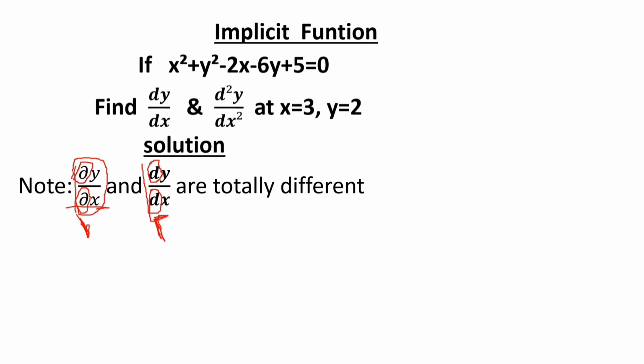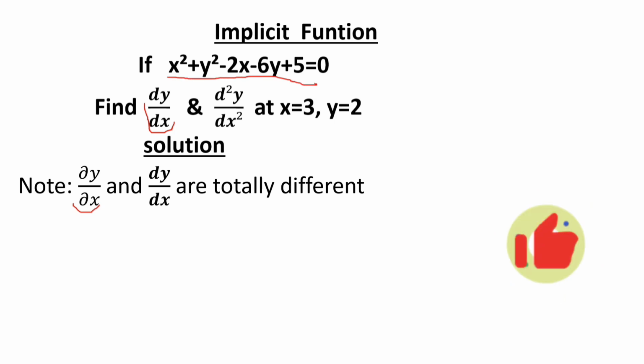Now, if you see this question, let's assume we are to differentiate partially. If it is partial differentiation they want, they will just put this symbol here instead of this. Are we following? If I'm to differentiate this partially, let's take notes: the way I will differentiate it partially is different from the way I will differentiate it using the implicit method.